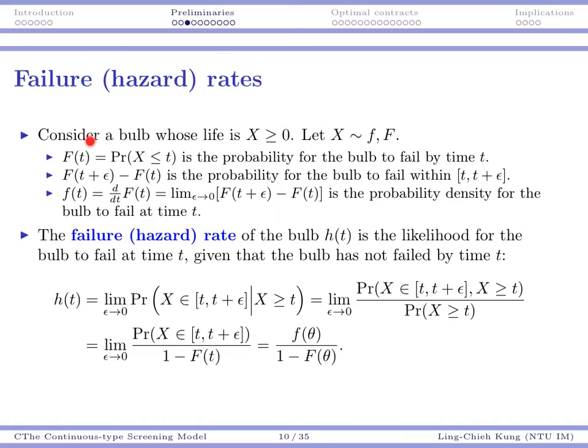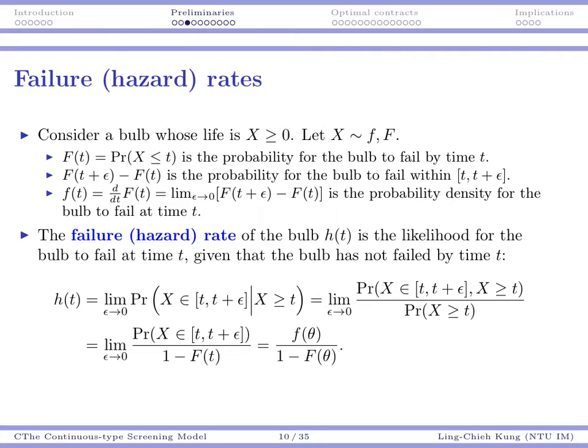Capital F of t is the probability for the bulb to fail by time t. So that's the probability for the lifetime to be not longer than t. And then if you ask what's the probability for the bulb to fail within a certain interval, then you have capital F of t plus epsilon minus capital F of t. That's the probability to fail in this particular time interval.